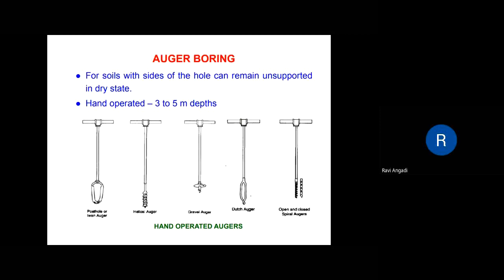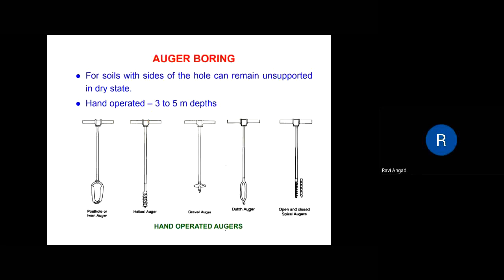As I mentioned, these first three borings will be used for soft soils, and percussion boring, core boring, and rotary boring are used for rock type strata.